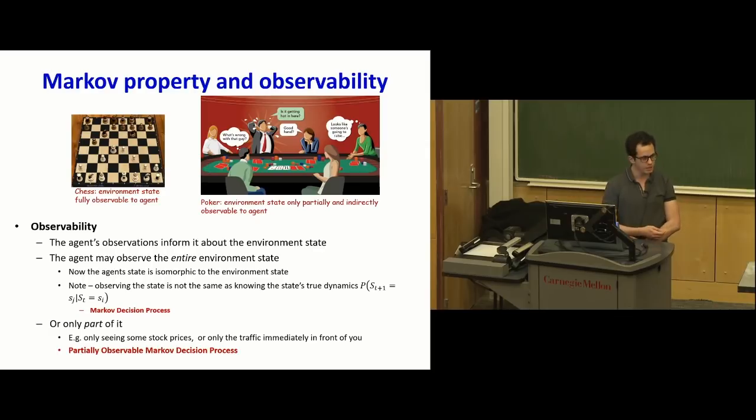Like for the chess example, it's fairly obvious that the environment state is Markovian, although you could argue that what's happening in the psychology of your opponent also holds some significance for what's going to happen in the future, and that you can manipulate them by a certain way of playing and affect their tendencies in the long term.